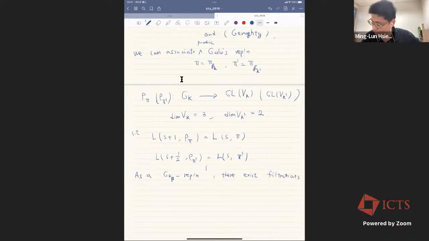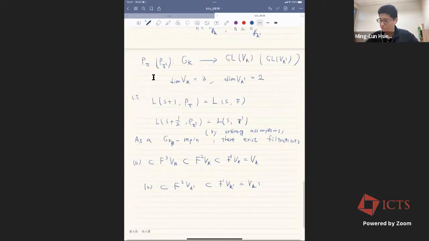This is by the p-ordinary condition, because we assume F and F prime are Hida families. So then there exist filtrations: F3 VK, F2 VK, F1 VK, this is VK, and F2 VK prime, F1 VK prime, this is VK prime.